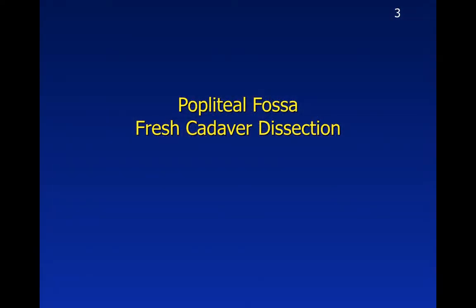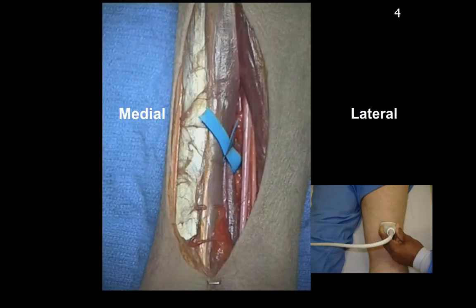Next, we will see fresh cadaver dissections of the popliteal fossa. In this fresh cadaver dissection of the popliteal fossa, we see the semimembranosus and semitendinosus muscles medially and the biceps femoris muscles laterally.